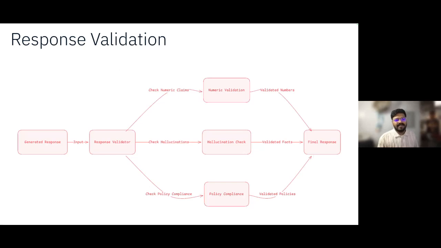We can also check if there is hallucination. We can check if a policy is compliant. Those kinds of response validation can be done, so that it becomes more trustworthy from the user's perspective. So we validate the numbers, we validate the facts, we validate the policies, and give the final response back.